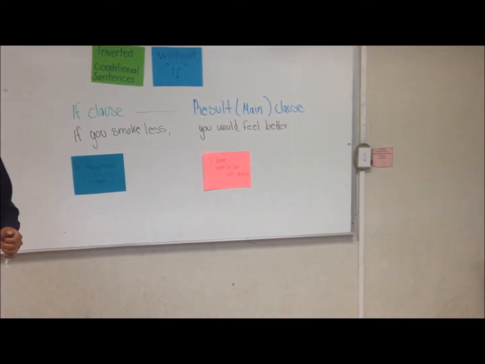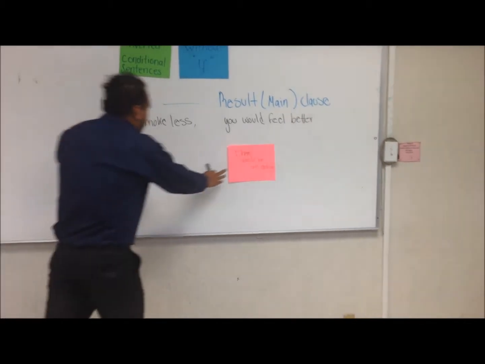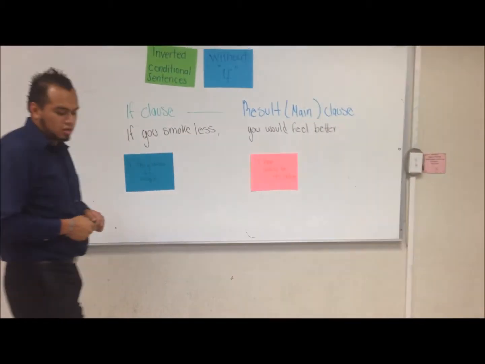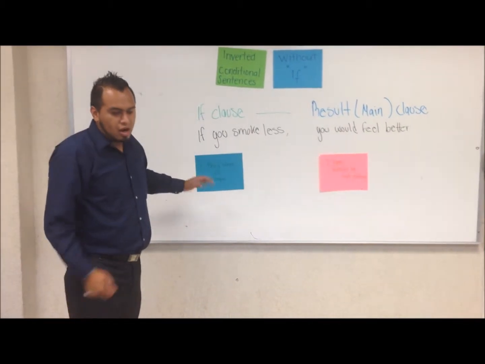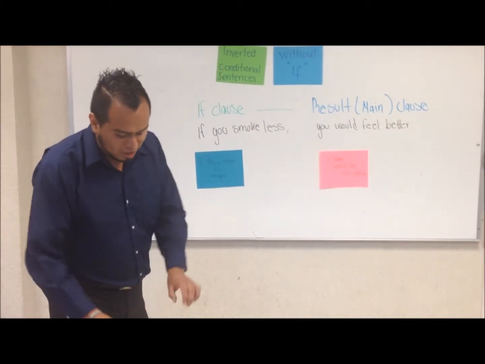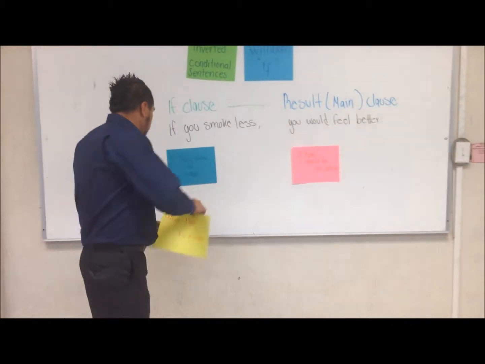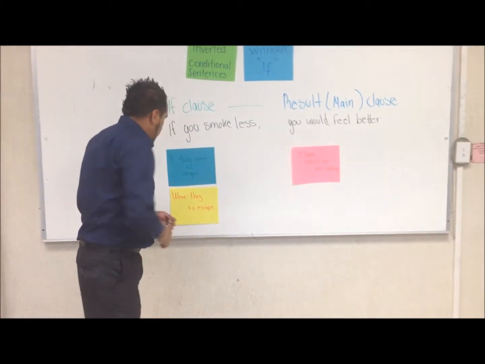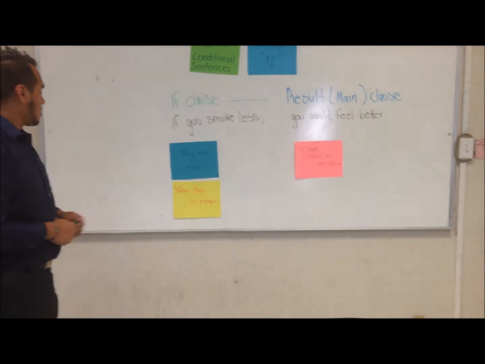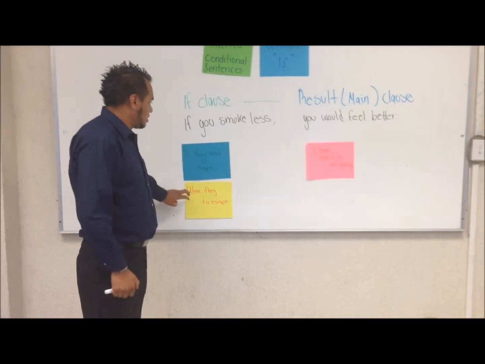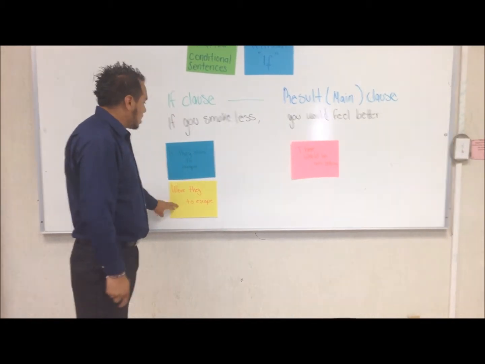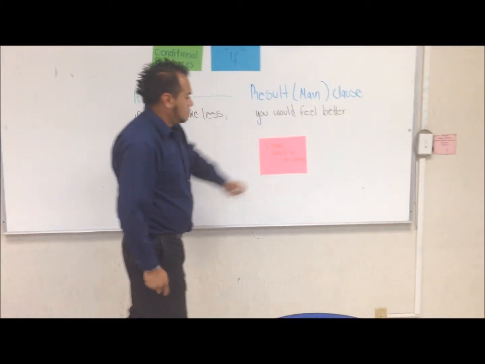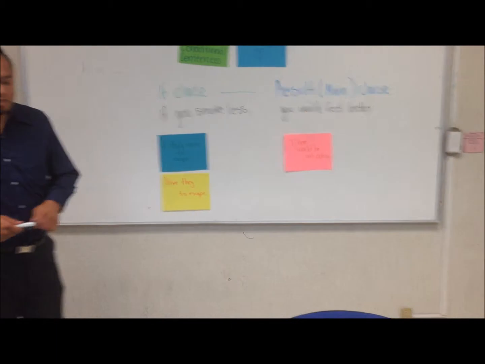But now, this is the normal way to make the main clause and the if clause. And now how are we going to substitute it? So now we can change the if clause for this kind of clause. This will be our result of inverting our sentence. Were they to escape, there will be an outbreak. So we have the inversion of the sentence.